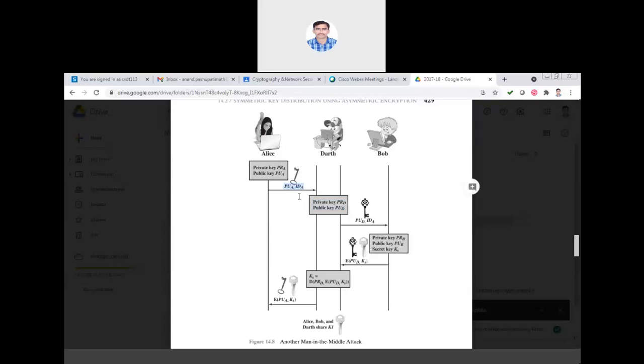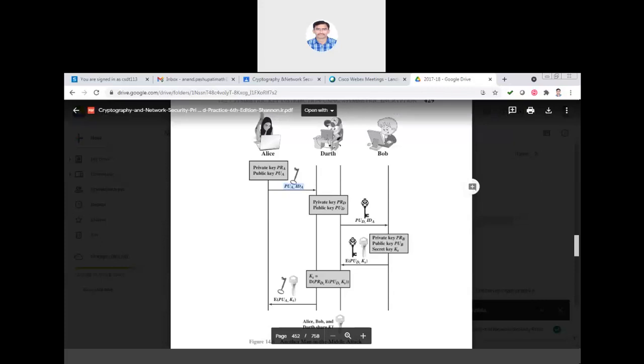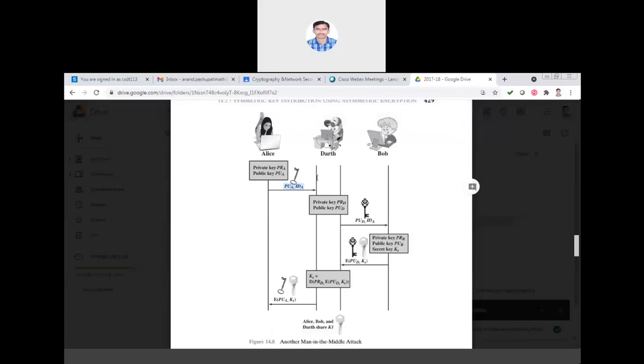But what happened is Darth intercepts that message, that PUA and IDA. Then Darth sends his own public key along with IDA. So now Darth is pretending to be A, introducing himself to B as A, and he's sending his public key.